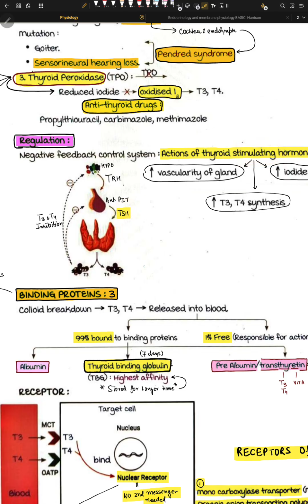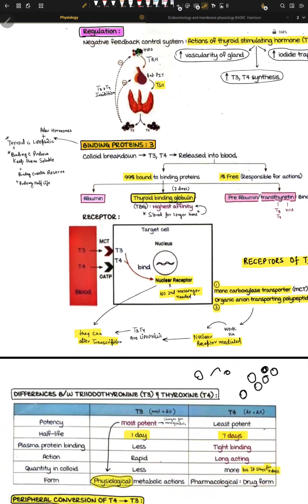Now once you have enough T3 and T4, a negative inhibition loop starts. This T3 and T4 inhibits first the anterior pituitary, then the hypothalamus, right? So if we have a lot of T3 T4 because we have some sort of adenoma in the follicular cell, we will have a low level of TRH and a low level of TSH. Okay, so that's the concept behind this regulation.